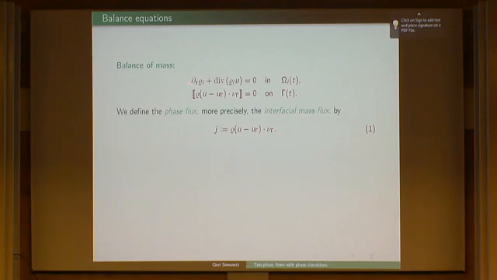So we look at the condition and we are going to say, well, if the jump is 0, then I can look at this quantity, let's say in omega 2, and I can look at the quantity in omega 1, so I know it has 0 jump. That means that no matter if I come from the omega 2 side or omega 1 side, this is the same quantity.